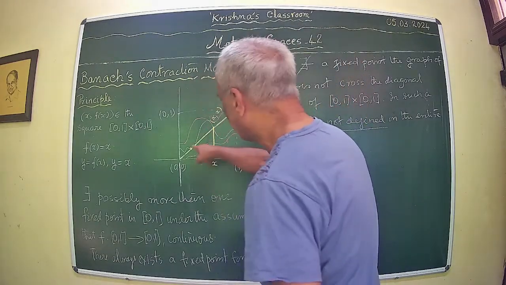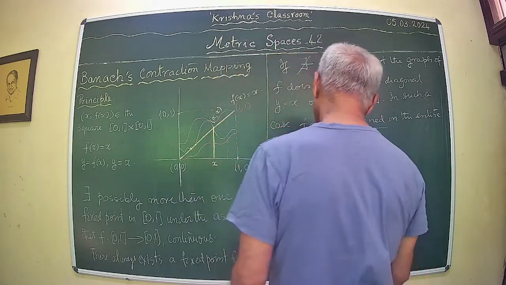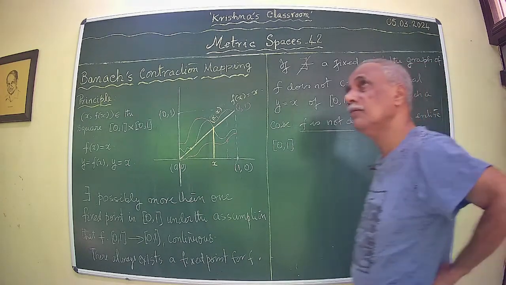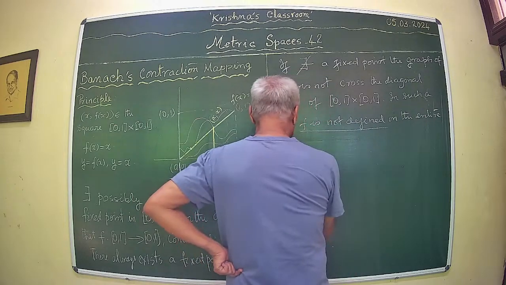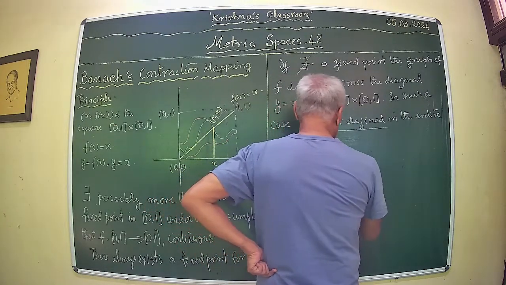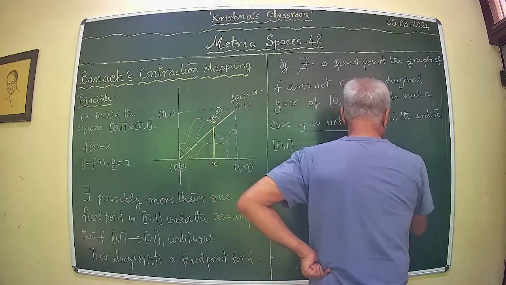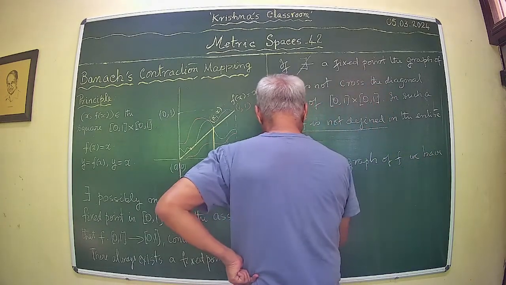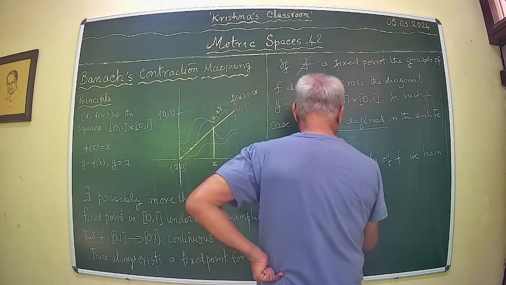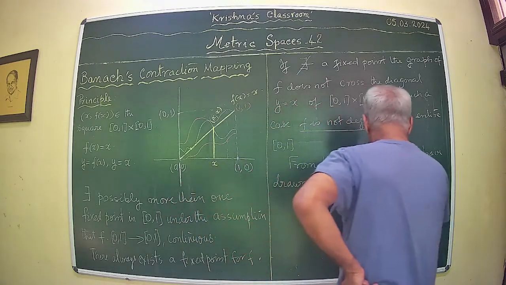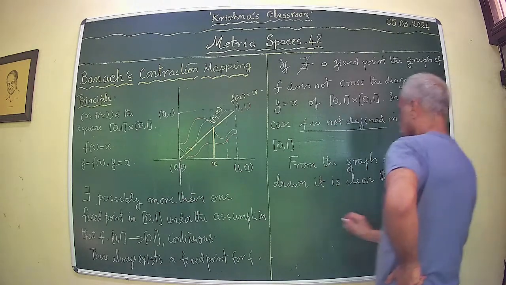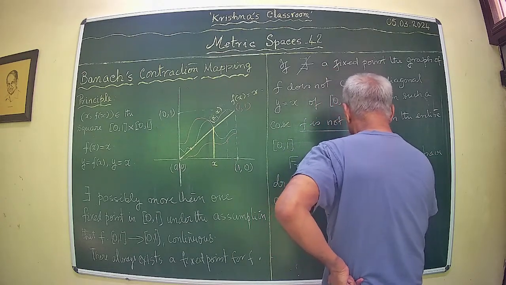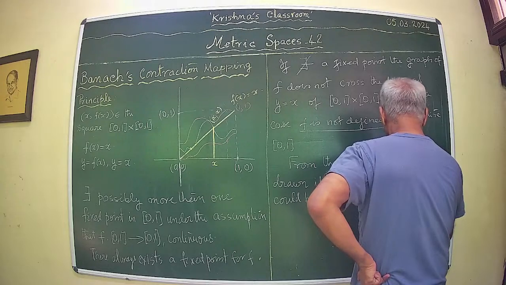Now you see that from the graph of the function we have drawn, it's already clear that there could be more than one fixed point.